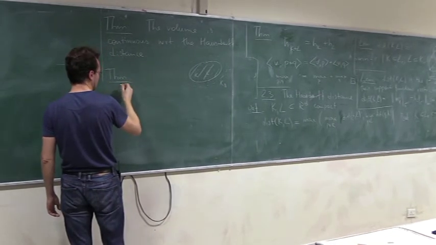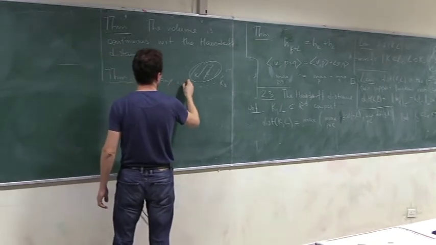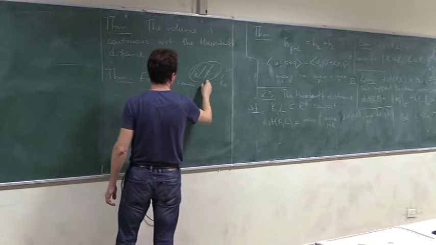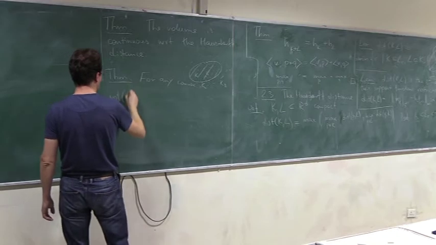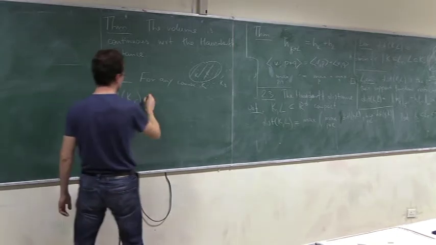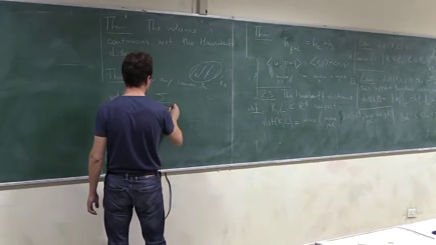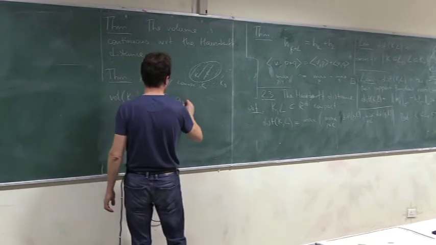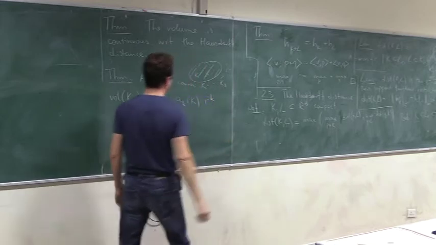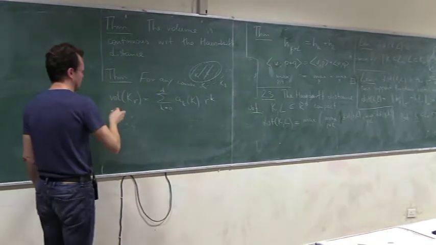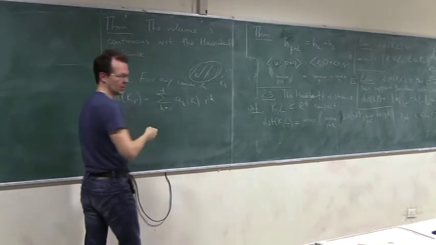We want to prove that for any convex body K, the volume of its R neighborhood is a polynomial in R, a polynomial of degree D. So there are some coefficients a_k depending on K. And besides, what I didn't state yesterday, these coefficients depend themselves continuously on K.